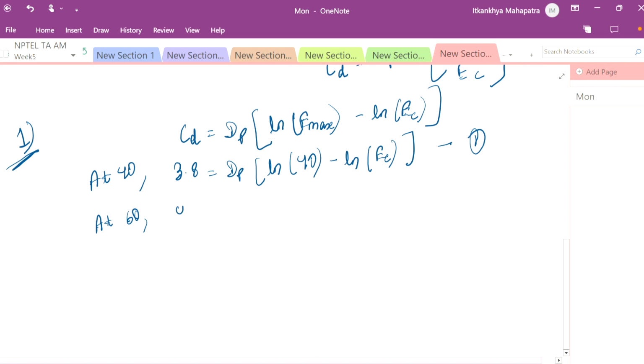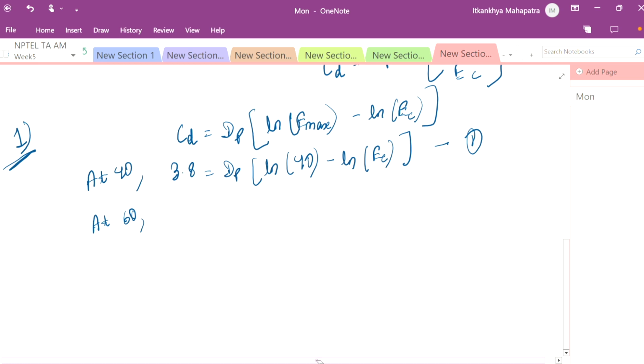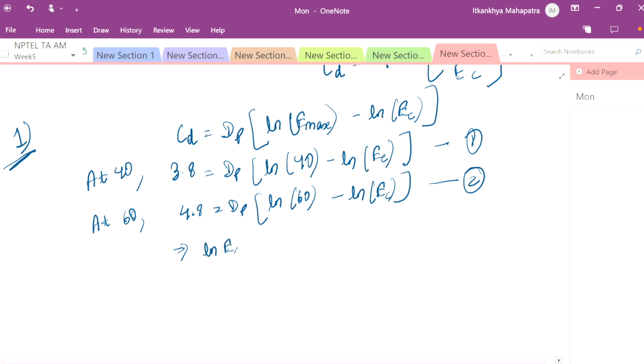So I am taking 4.8 is equal to dP ln 60 minus ln EC. This is equation 2. Now we'll simplify and write this equation. This will be ln EC is equal to ln 60 minus 4.8 by dP.